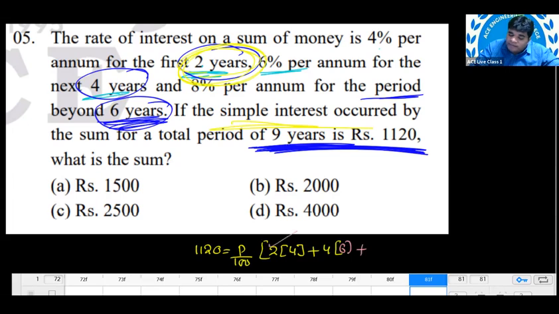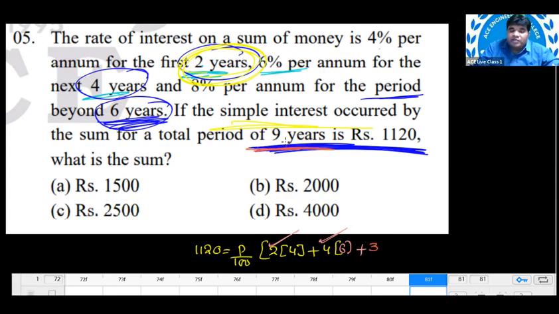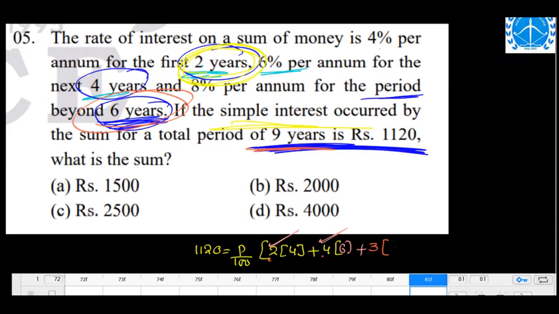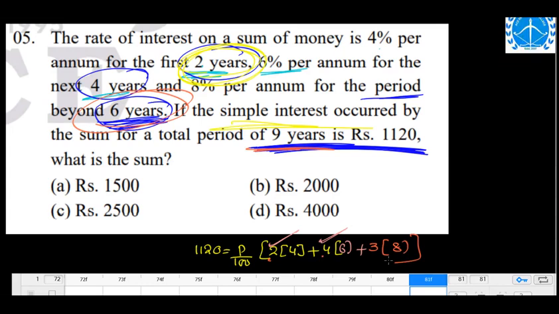Up to now, how many years completed? 2 and 4, 6 completed. So remaining how many years do we take? 3 years. Excellent. Interest is given up to 9 years only, so you take 9 years. 2 plus 4, 6, then remaining 3 years at 8%. Simplify, you get the principal. Done.